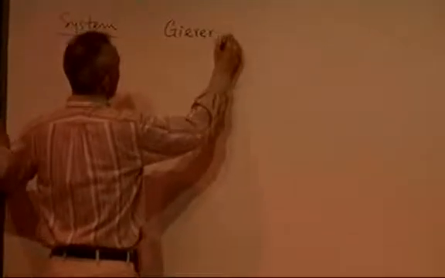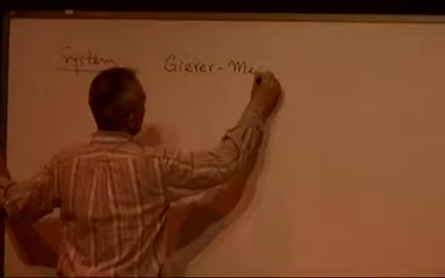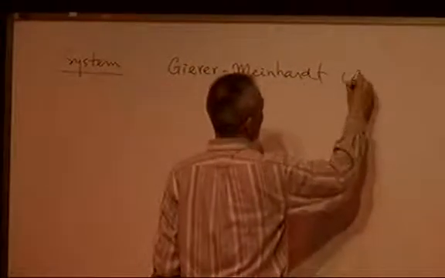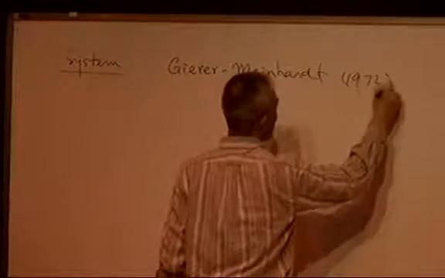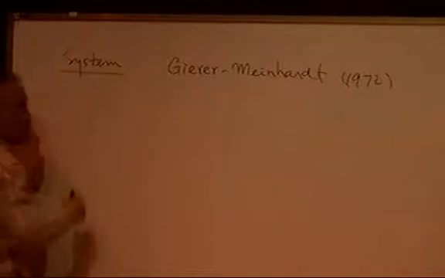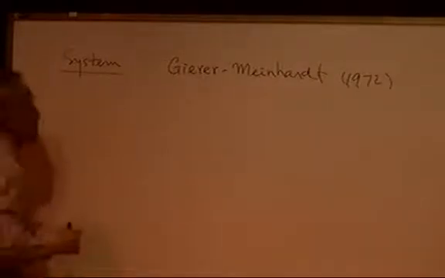For systems, there is a famous example due to Gierer and Meinhardt. This is in 1972. These are two theoretical biologists.